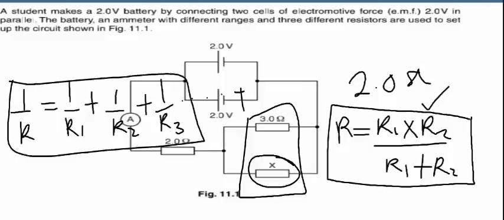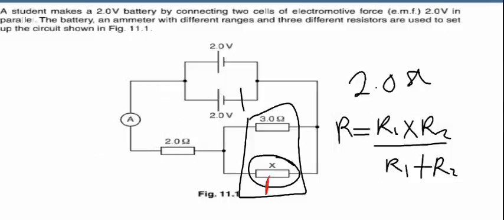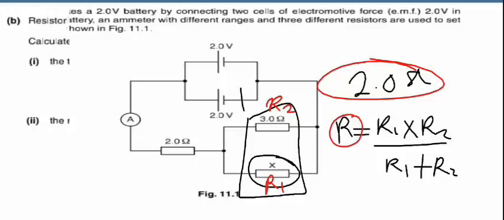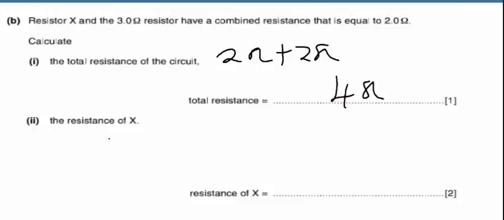And now I'm going to use this one here for us to calculate X. So here I'm going to say X is going to represent resistor 1. Then 3.0 ohms is going to represent resistor 2. So here we can say total resistance that we have here is going to be 2. This 2 is coming from question B. They were saying resistor X and the 3.0 ohms resistors have a combined resistance that is equal to 2.0 ohms.